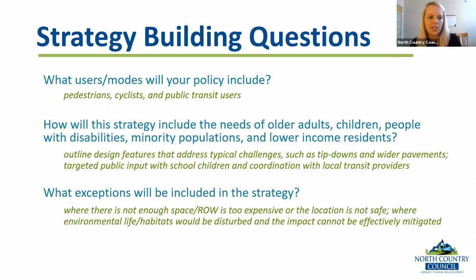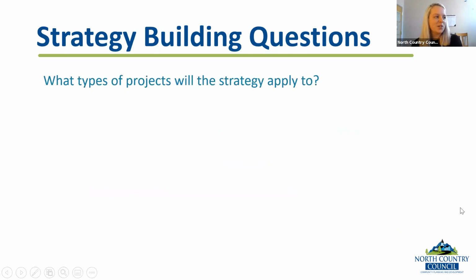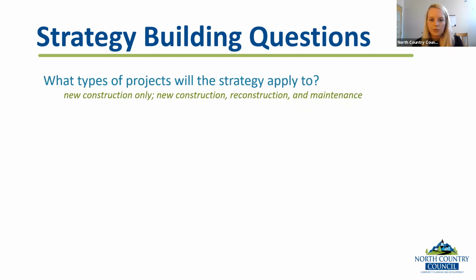All right, I'm trying to tick along here because I know we did have some great discussion, but I am mindful of time. So we talked about this a little bit before, I'll briefly go over this one as well. What types of projects would it apply to? You might want to only do it on new construction. Maybe you do a mixture of new construction and maintenance.